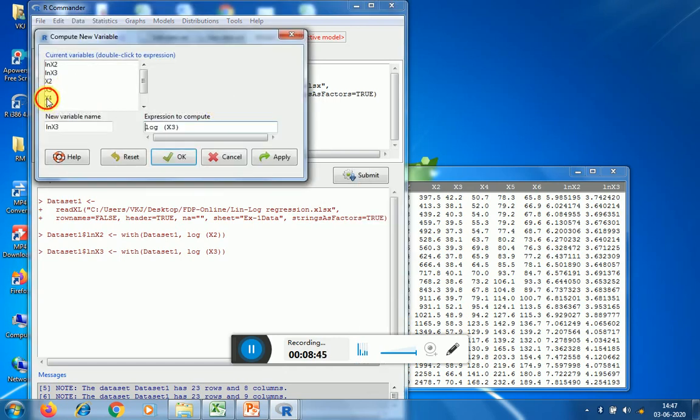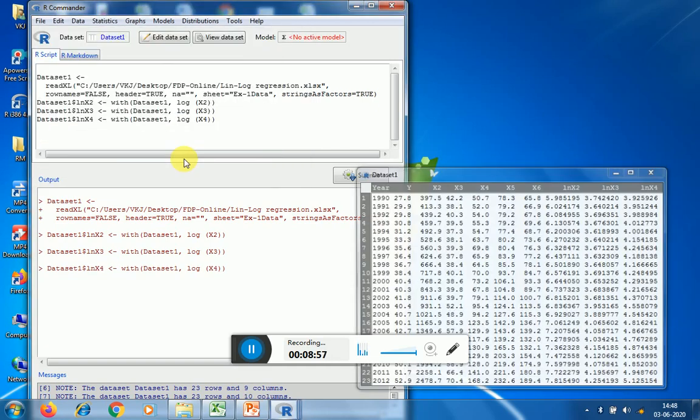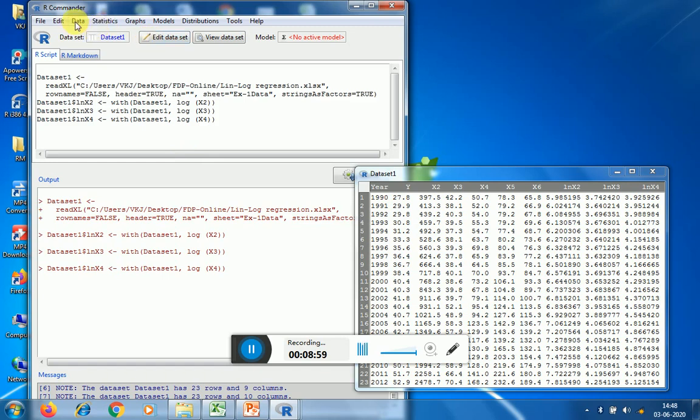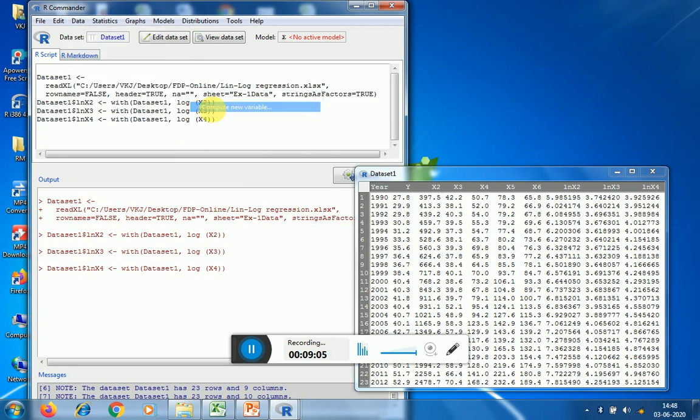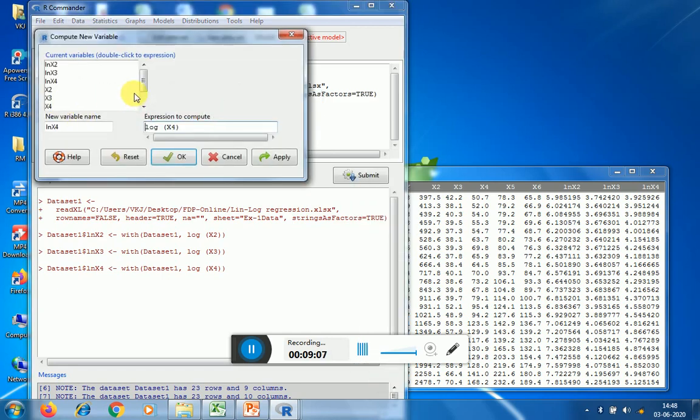Now x4. Select x4, then rename this as ln x4 and make necessary changes in your expression to compute. Then next x5 and x6. So manage, compute, select x5.